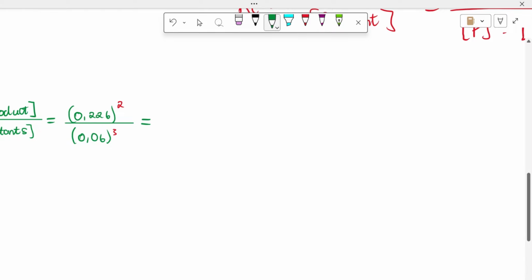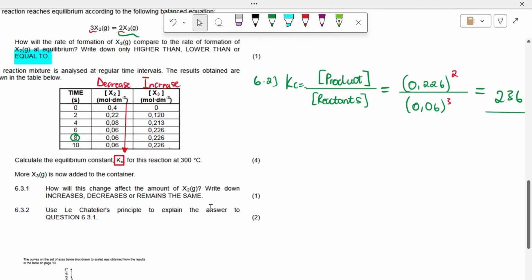And then the final answer will then be, let's see, 0.226 squared over 0.06 cubed gives me a value of 236. That is a large Kc value. Oh my God. So that is 236.46 to two decimals. Ratio, no units. Okay, and that's what you have.